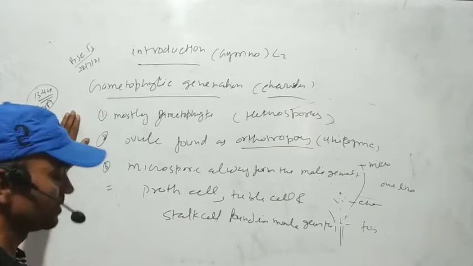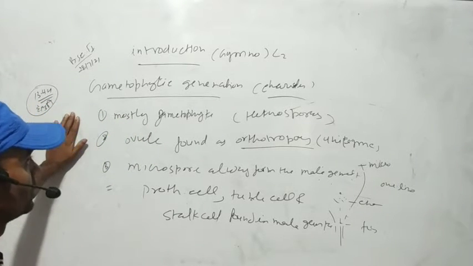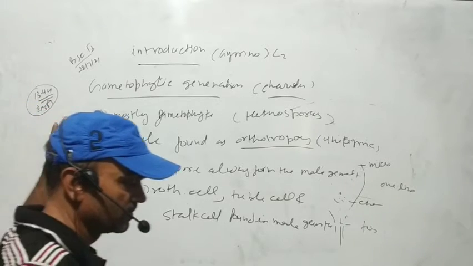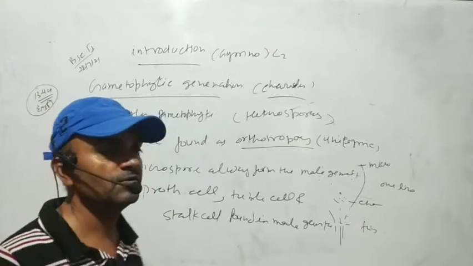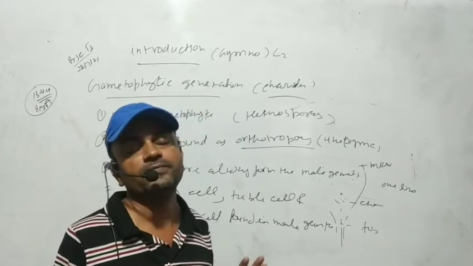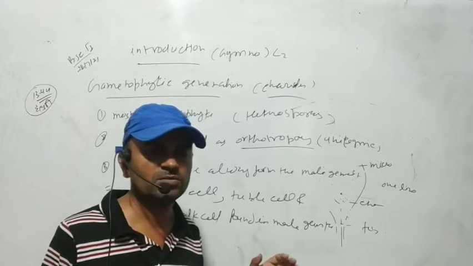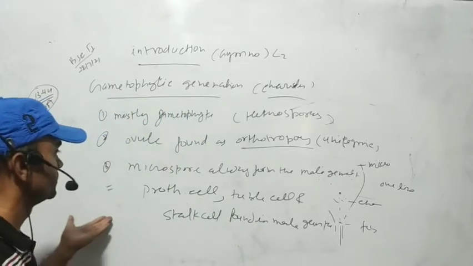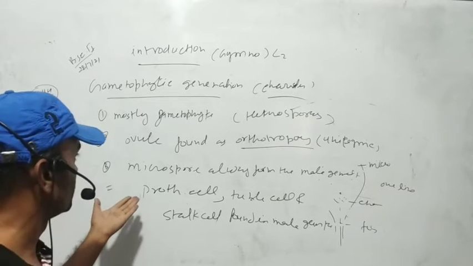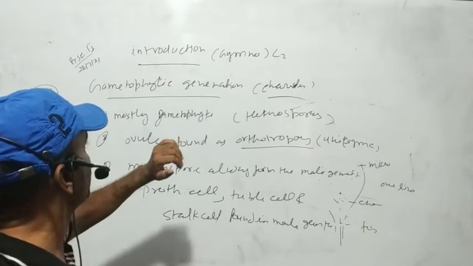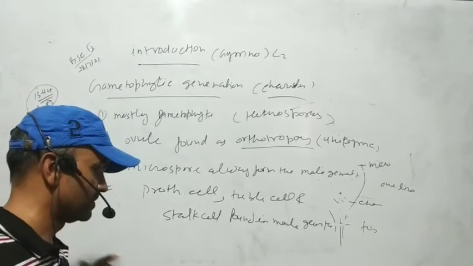And here the development of the male gametophyte is found in two stages, before pollination development and after pollination development. When we start the genera, I will tell you the development of the male gametophyte and likewise the female gametophyte.